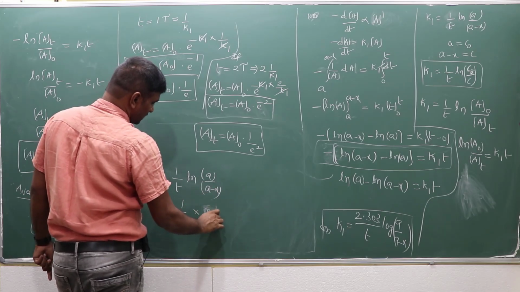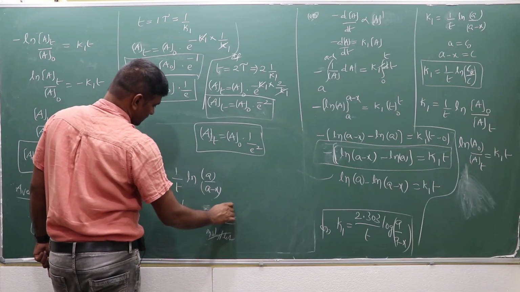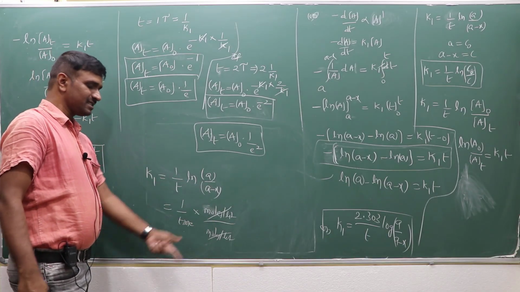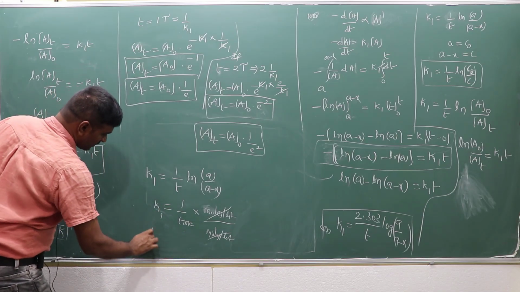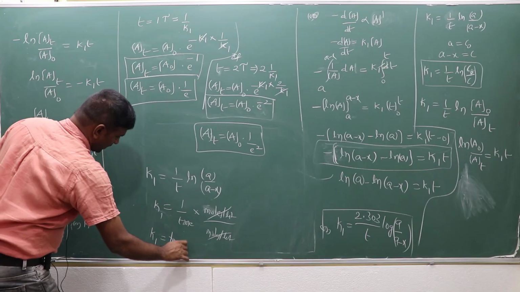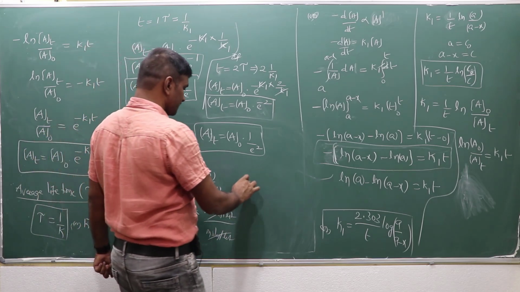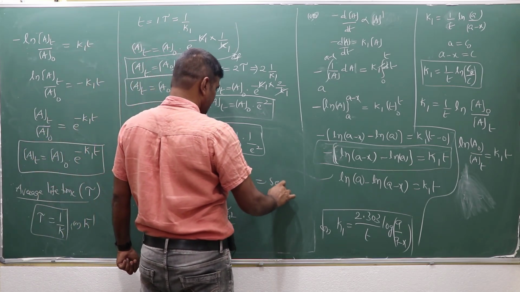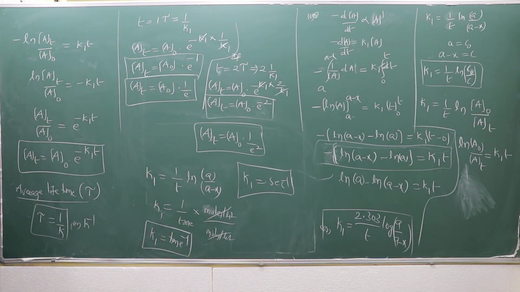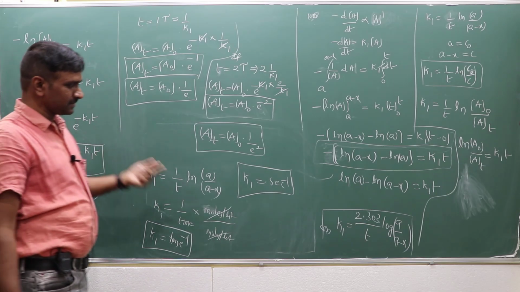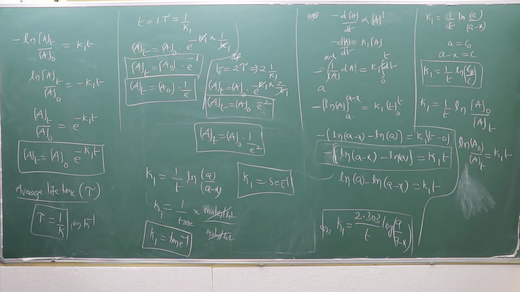So K1 is equal to 1 by time, time inverse, whether hours, seconds or minutes: second inverse, minute inverse, hour inverse. So the first order units are time inverse or second inverse.